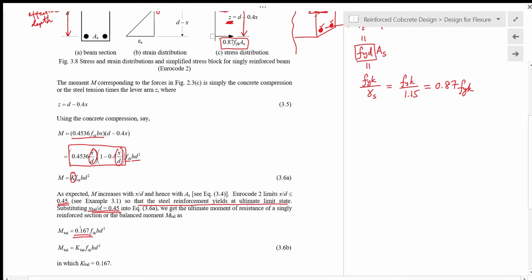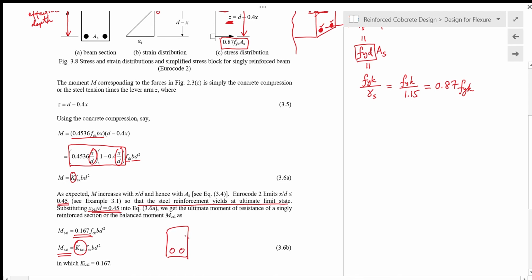M balance equals 0.167 fck bd squared. So this 0.167 is called K balance. If you substitute K equals 0.167, you are going to get the maximum moment of resistance for a beam that has only tension reinforcement.